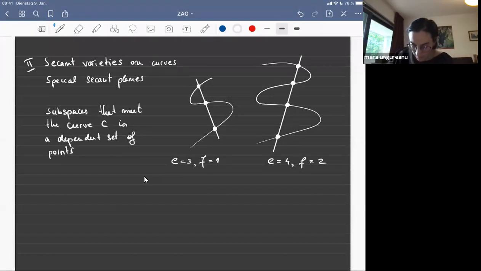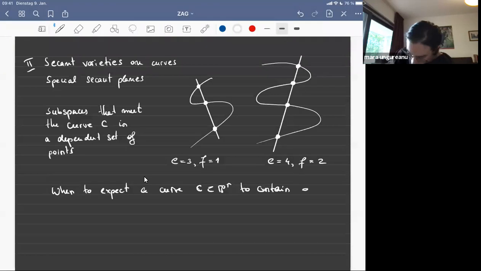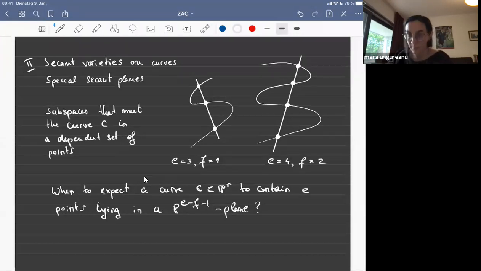And so I'm going to do that by saying that the question that you're going to ask yourself in this kind of context is when to expect, say, a curve C in P^r to contain e points lying in a P^(e minus f minus 1) plane.